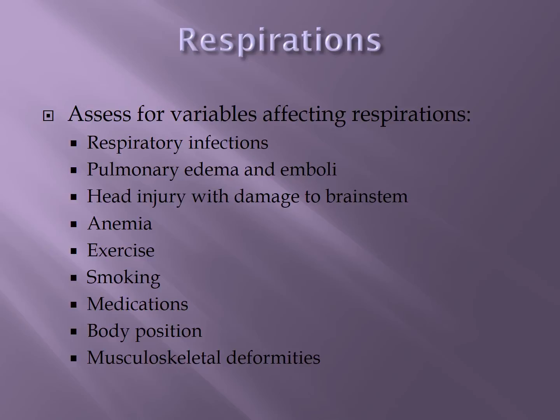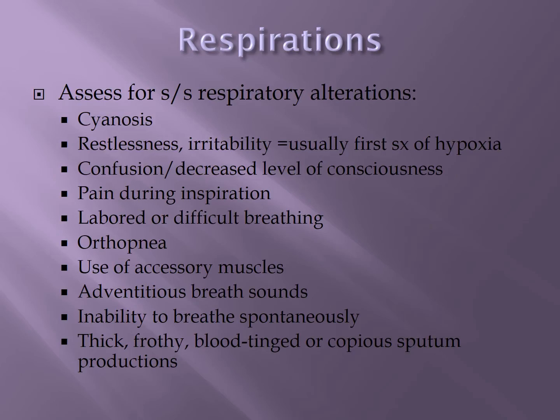Pulmonary edema is when there is fluid in the alveoli themselves. And there shouldn't be fluid because that's going to affect how much oxygen and carbon dioxide can be exchanged. Head injury with damage to the brain stem. Musculoskeletal deformities. So we have to look at, do they have scoliosis? Do they have kyphosis? Lordosis doesn't affect it, but the kyphosis definitely will.